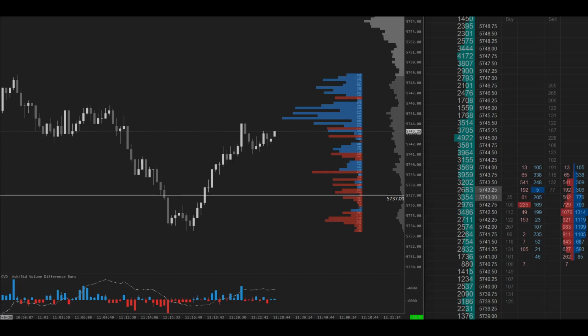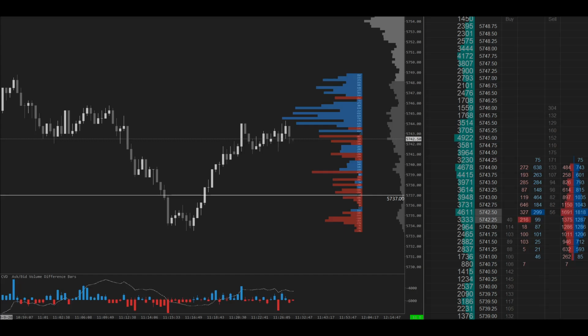Let me fast forward that a bit here. Yeah, so we're seeing buyers keep defending. I think it's near 41. Sellers near about 44. So it's a pretty tight little range here.